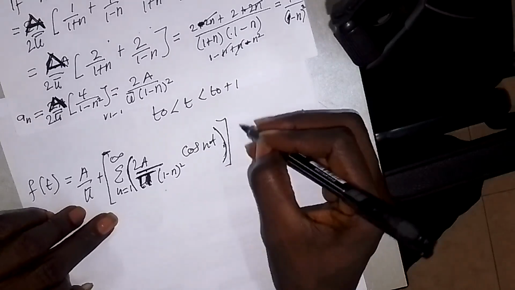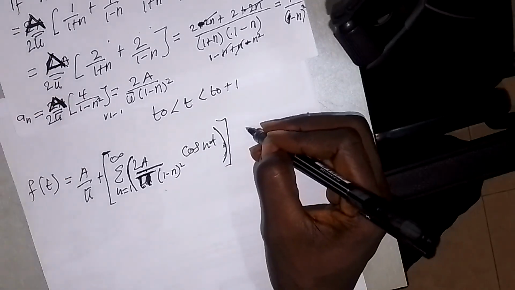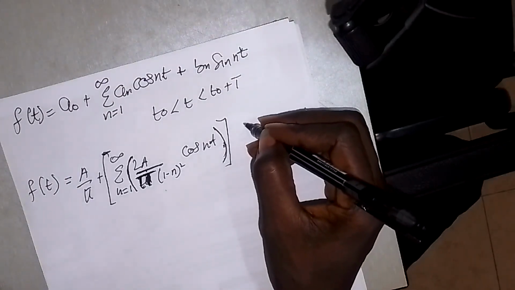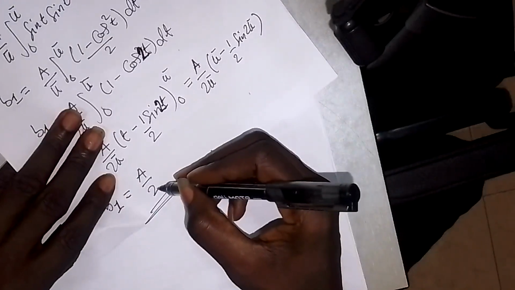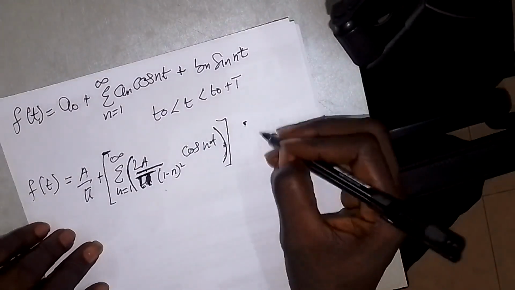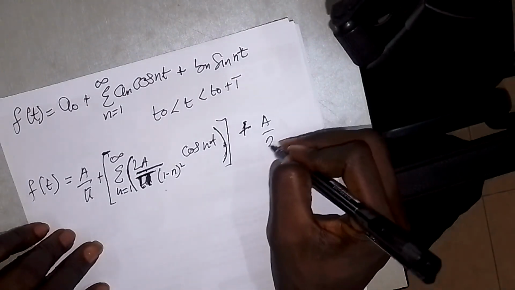And b1, what did we get for b1? We got a over 2. So I'll just put here plus a over 2.